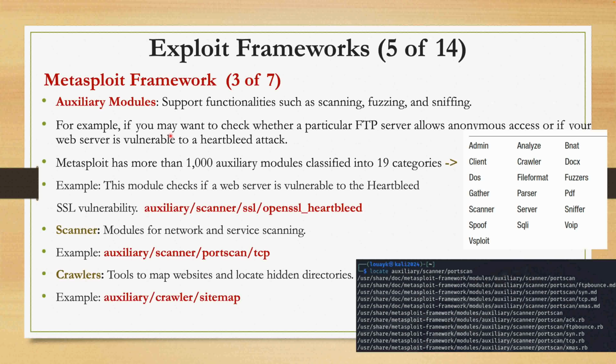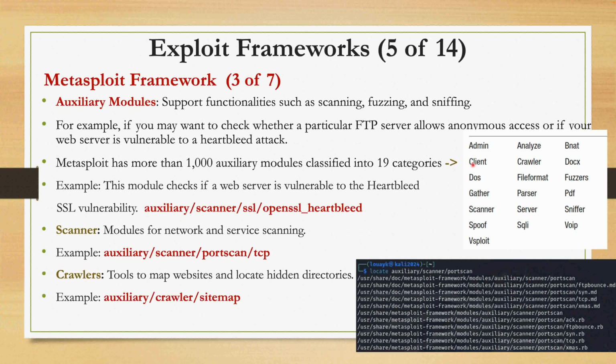For example, if you want to check whether a particular FTP server allows anonymous access, or if your web server is vulnerable to a Heartbleed attack, that's one of the things you could do here. See this example here: you could use auxiliary/scanner/ssl/openssl_heartbleed to check if the web server is vulnerable. Obviously, there are more than 1,000 auxiliary modules, classified into 19 categories.